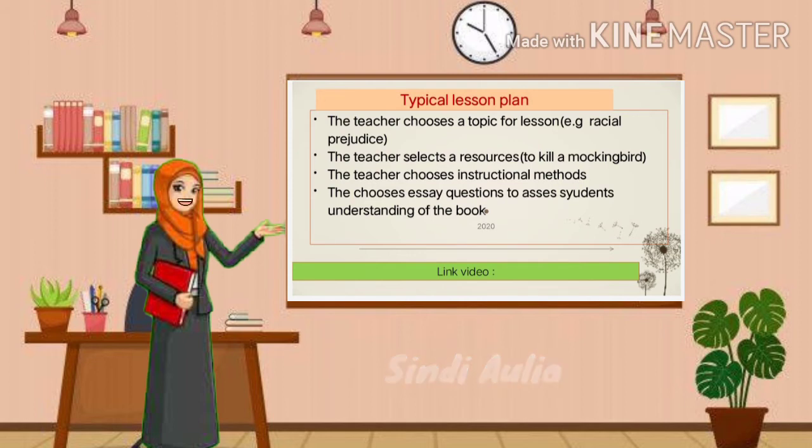Typical lesson plan: 1. The teacher chooses a topic for a lesson, for example, racial prejudice. 2. The teacher selects and researches To Kill a Mockingbird. 3. The teacher chooses instructional methods. 4. The teacher asks essay questions to assess students' understanding of the book.